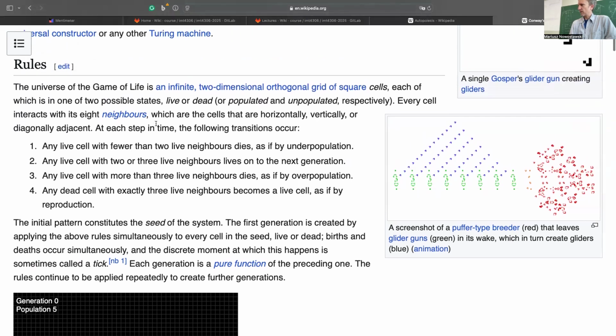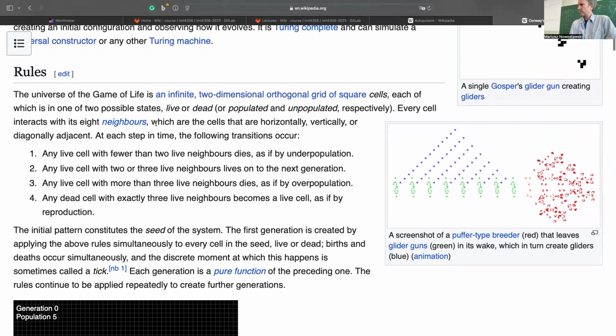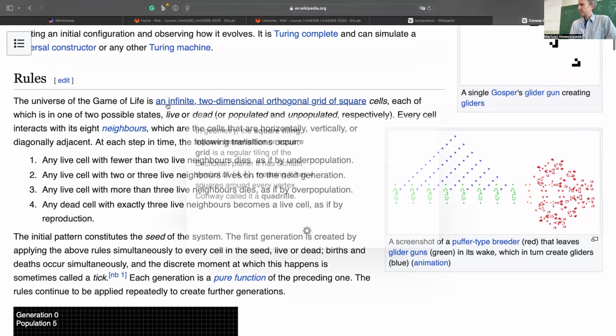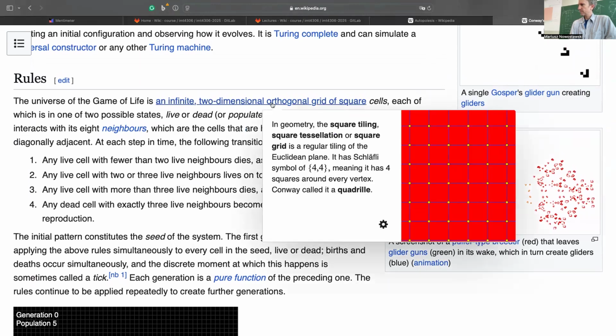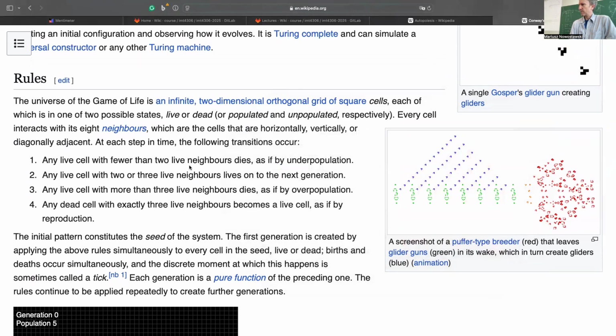Let me just double check. Yeah. So you have basically 1, 2, 3, 4 neighbors, right?